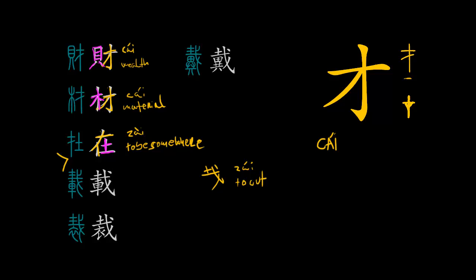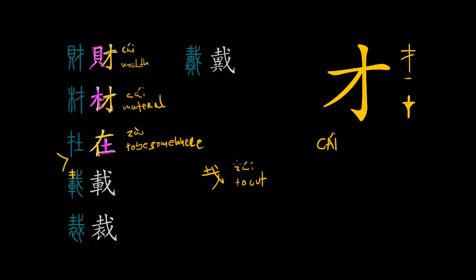Zai, to cut. You again have to look at the seal script, and you can see it over here: these two strokes and the vertical one. True, the bottom stroke of the two horizontal strokes is not tilted, as in this case. It's perfectly horizontal, but it still is the cai element.